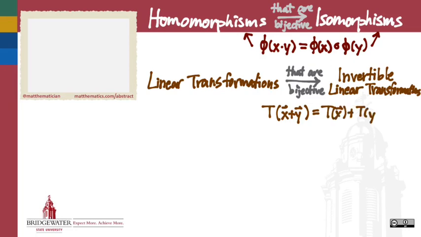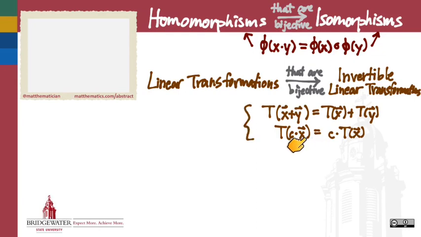That looks an awful lot like this, doesn't it? But then there was one other requirement, right? T of Cx, multiplying a vector by a scalar. What has to happen there? The C pulls out, right. So the T acting on a scalar multiple is the same as that scalar multiple acting on the image. So both of those things had to be true.